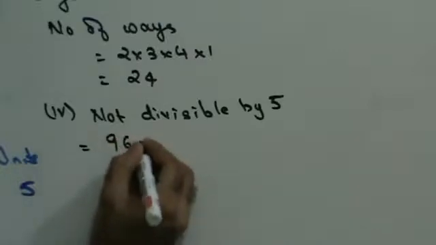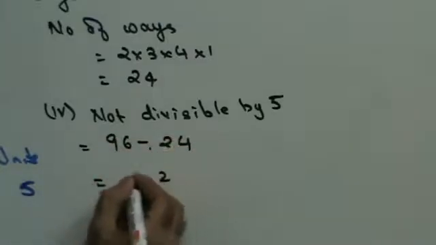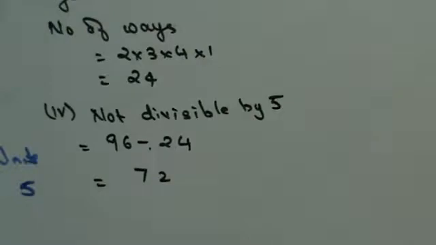So not divisible by 5 will be 96 minus 24, 72. There are 72 numbers which are not divisible by 5. Right? Take our next sum, please.